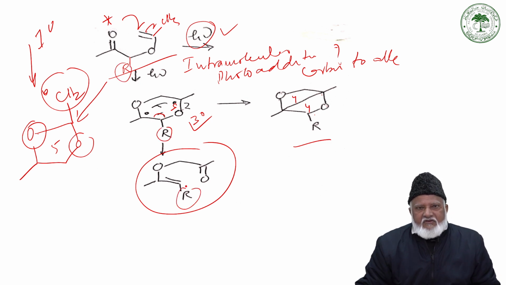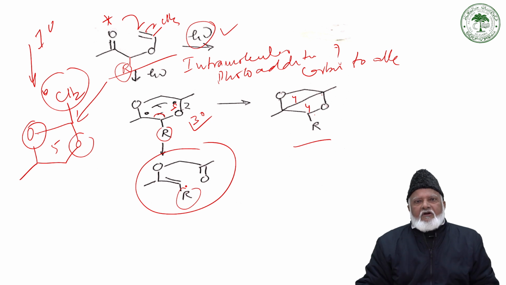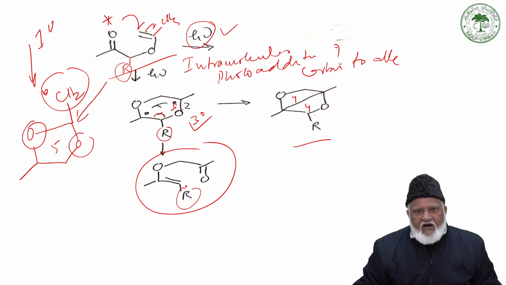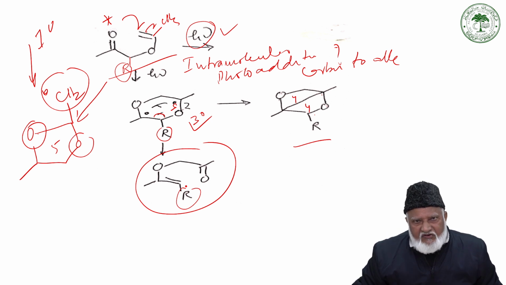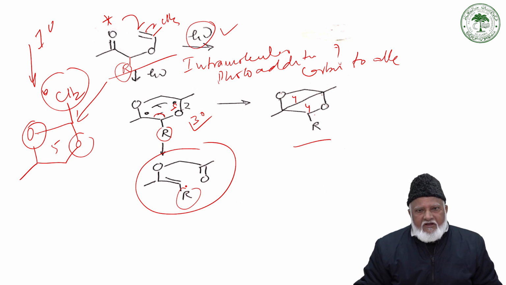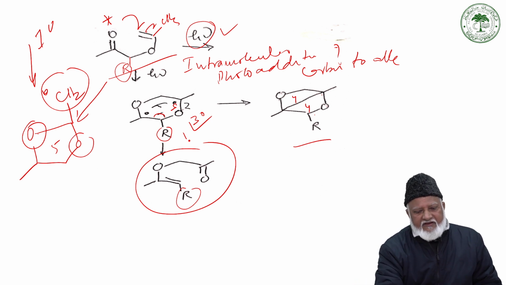And so this is an example of an intramolecular photoaddition of carbonyl to alkene. Both the carbonyl functionality as well as the double bond are present in the same moiety. Under photolytic conditions, the excited carbonyl can add to the double bond, and of course it will be a preferential attack, just see which radical is going to be more stable, and hence it gives a tertiary radical as a stable radical.